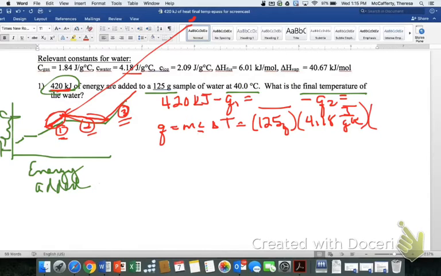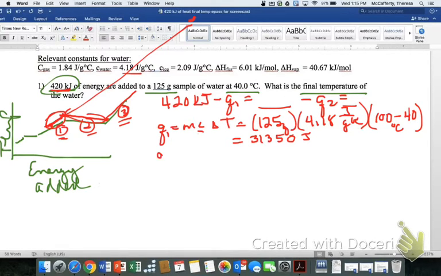And my temperature change is 100 degrees Celsius minus 40 degrees Celsius. That'll give me 31,350 joules used. Okay, so that's Q for that first phase.